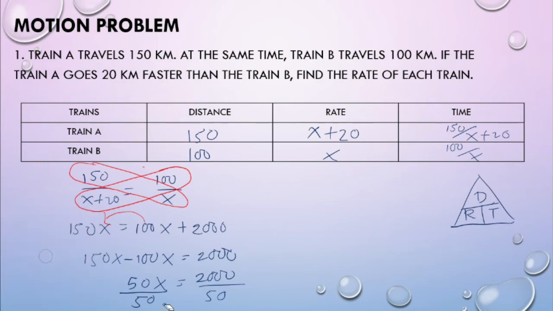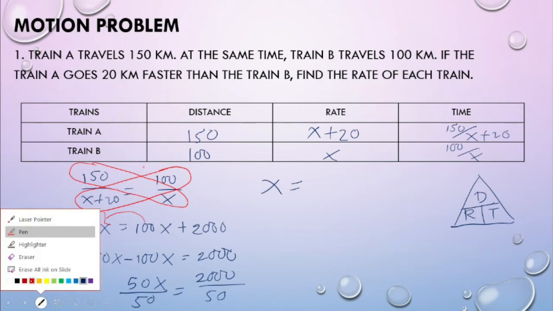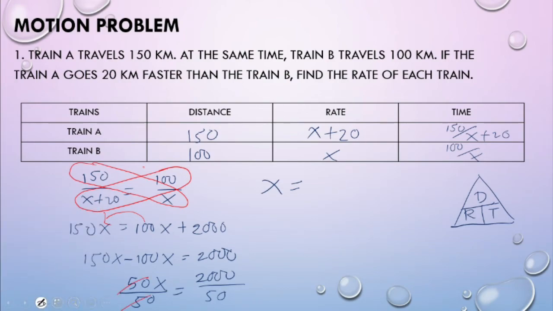Alright? So, therefore, the value of x, you can cancel out 50. Then, 2,000 divided by 50 is 40. So, what is this 40? 40 is the rate, or 40 kilometers per hour is the rate of train B, while the rate of train A is 60 kilometers per hour.